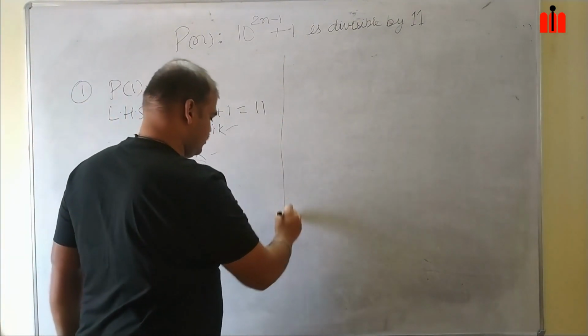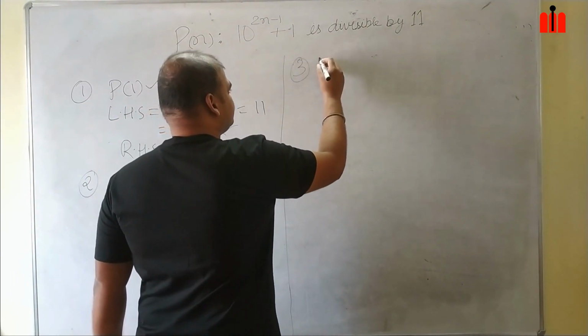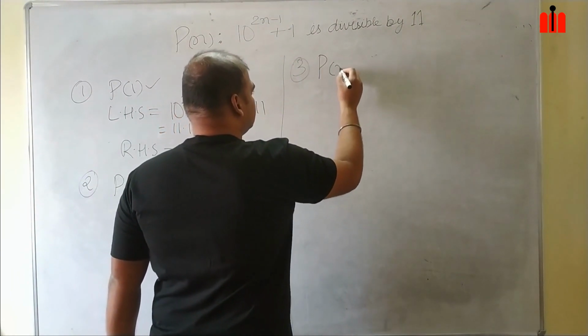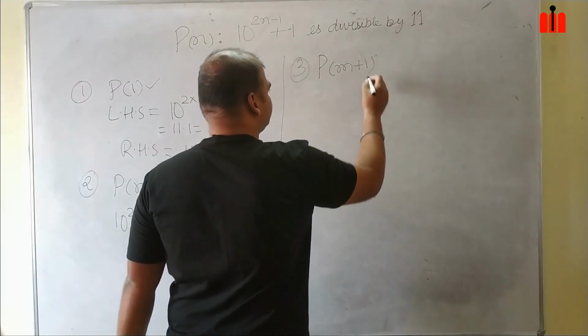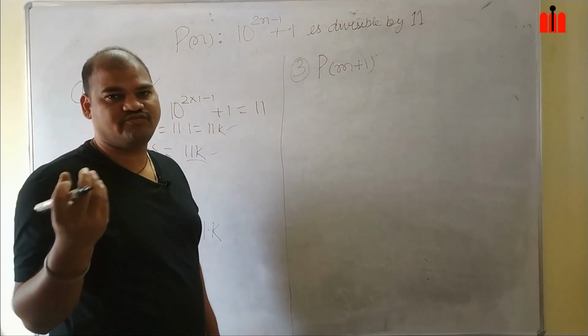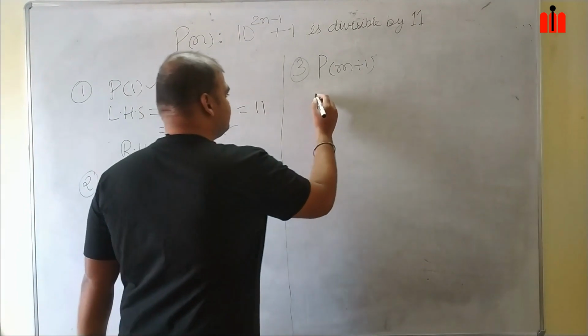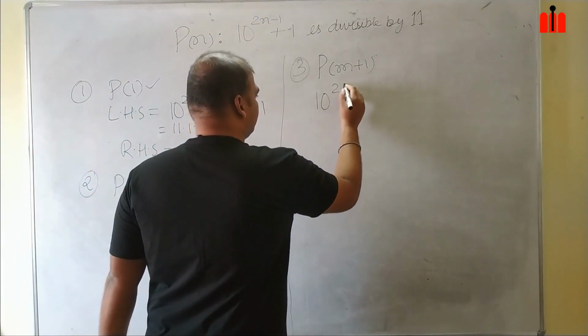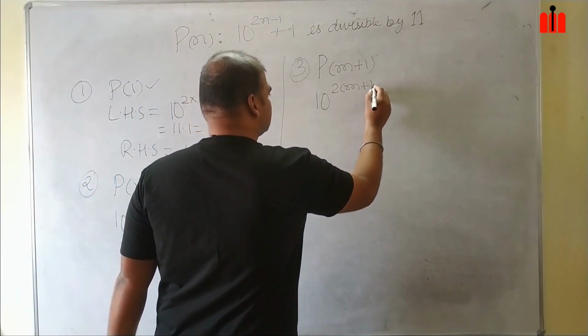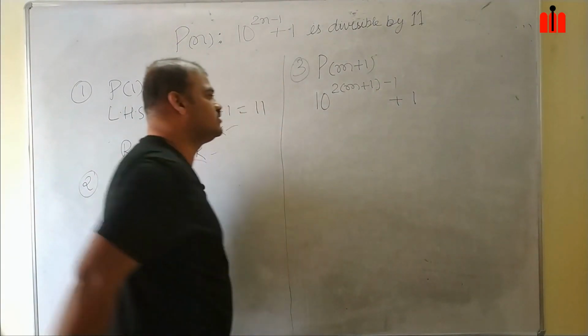Now let's go to our Pm plus 1. In our Pm plus 1, we will substitute m plus 1 in place of n in our LHS. So my LHS will be 10 to the power of 2 into m plus 1 minus 1, plus 1.